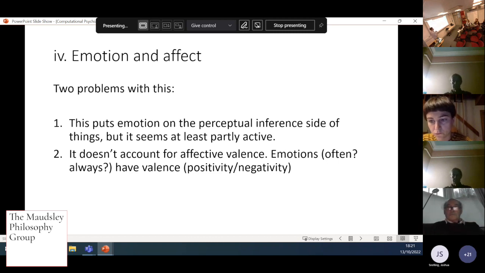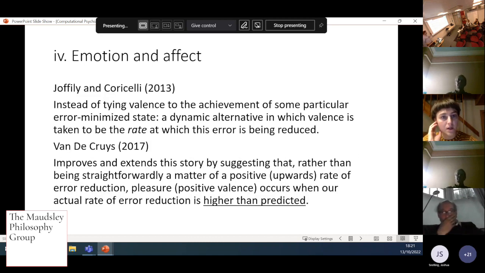Right? Whereas some theorists have felt that actually emotions have an intrinsic relationship to valence, to positivity and negativity. So that's where a couple of further waves of thinking have come in.